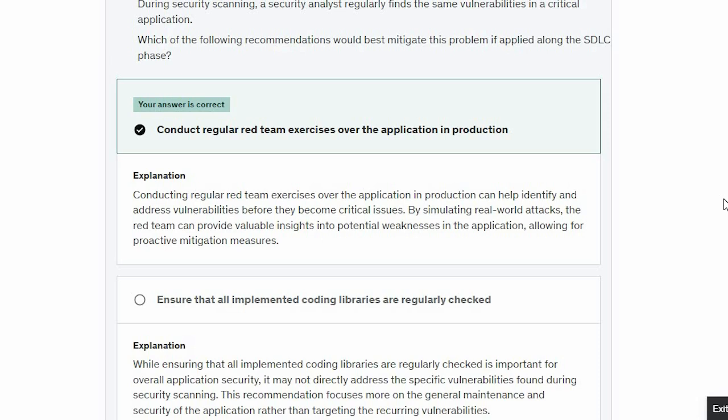By simulating real-world attacks, the red team can provide valuable insights into potential weaknesses in the application, allowing for proactive mitigation measures.